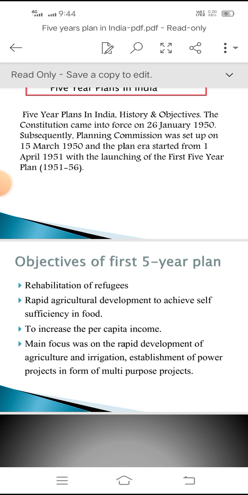That was the main focusing point. In particular, food was one of the primary concepts to provide to the public. Then they increased the per capita income to improve the economic condition for public welfare. The main focus was the rapid development of agriculture and irrigation, and the establishment of power projects and multi-purpose projects.